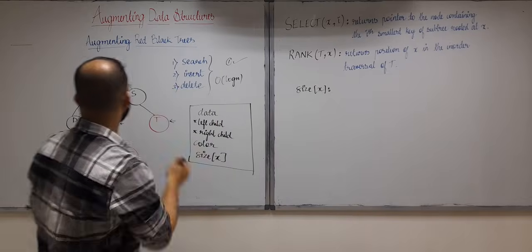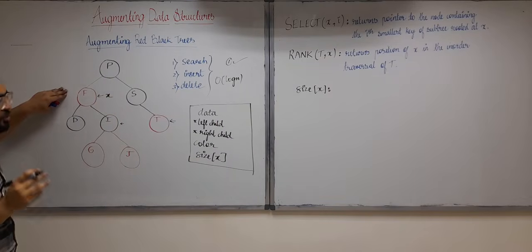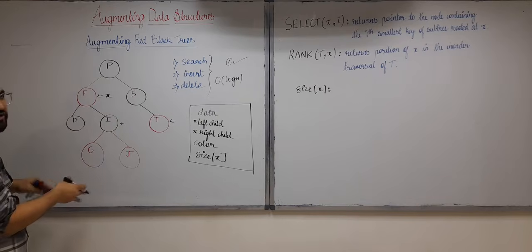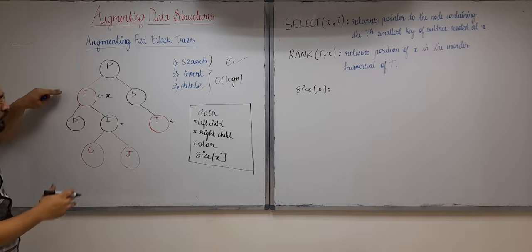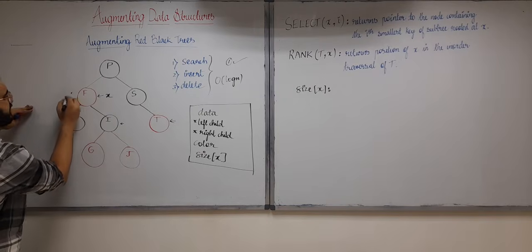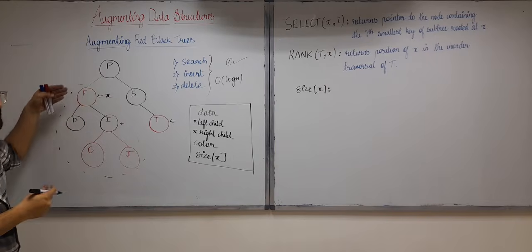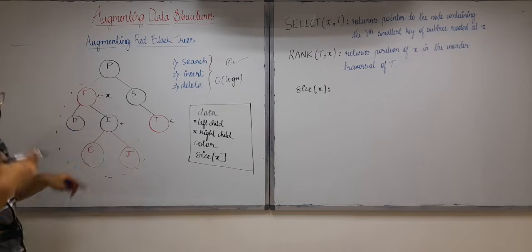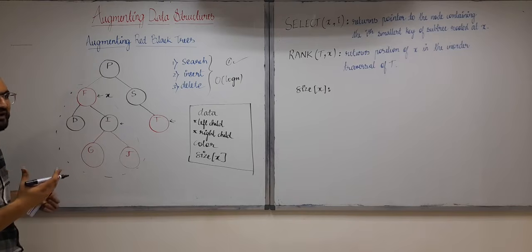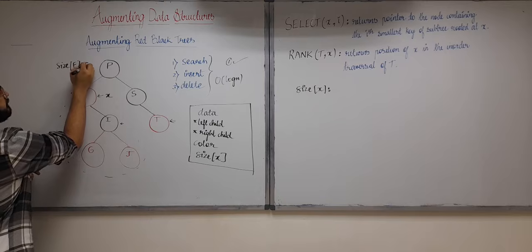For example, if I take this node f as x, okay, so what will be size of f? Size of f will be the total number of nodes in the subtree. This is the subtree that is rooted at x, right? So what will be size of x? 1, 2, 3, 4, 5. There are total 5 nodes in the subtree rooted at x. So size of f will be 5, right?